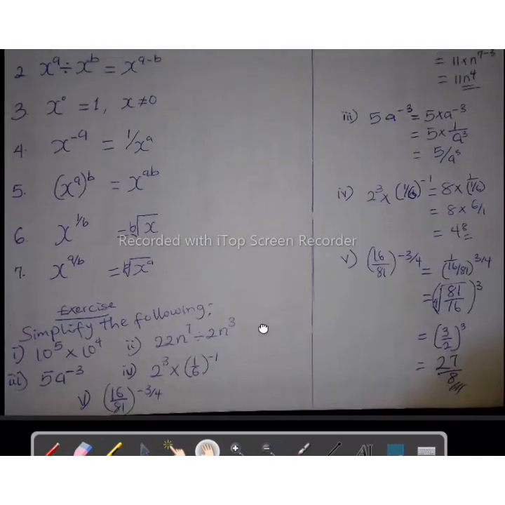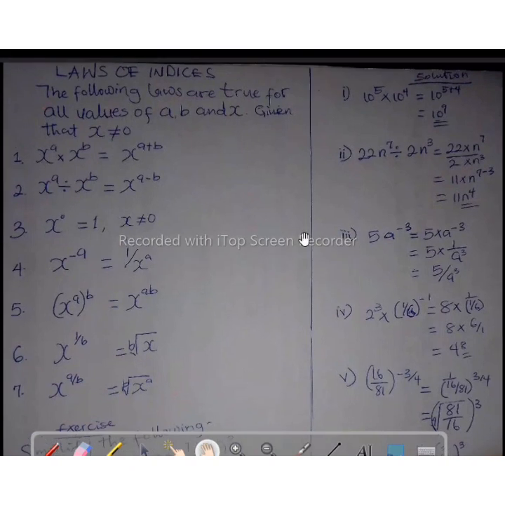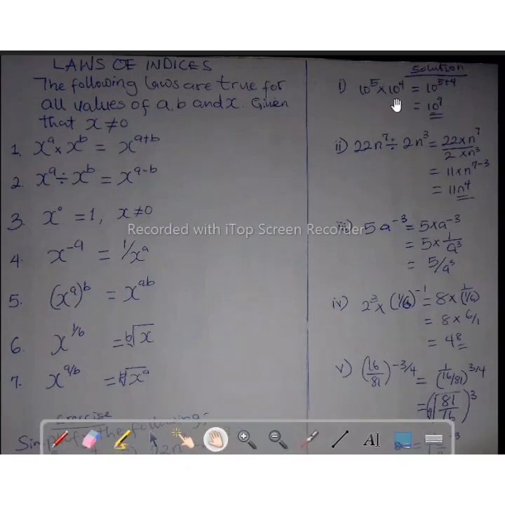The solution says that 10 raised to power 5 multiplied by 10 raised to power 4 is equal to 10 raised to power 5 plus 4, because 10 and 10 are common bases, and you pick one base out of the two bases and then add up their indices. So you have 10 raised to power 5 plus 4, and that's how we arrive at 10 raised to power 9.